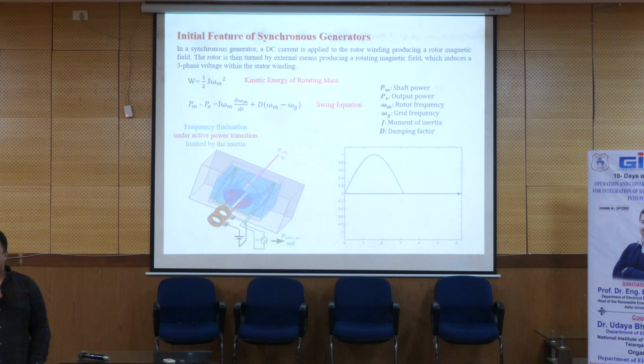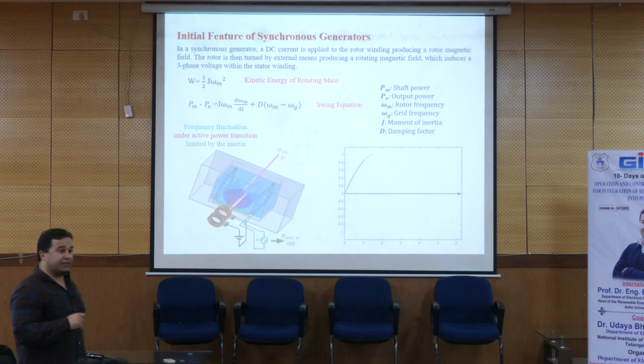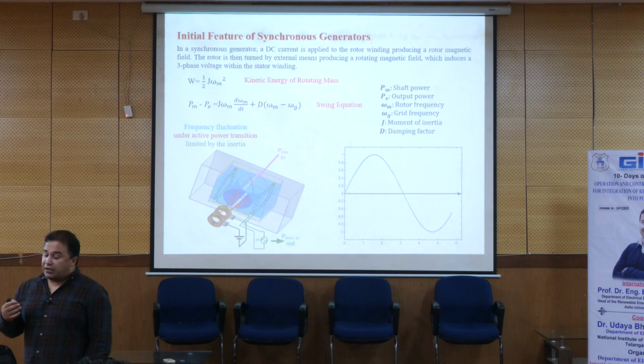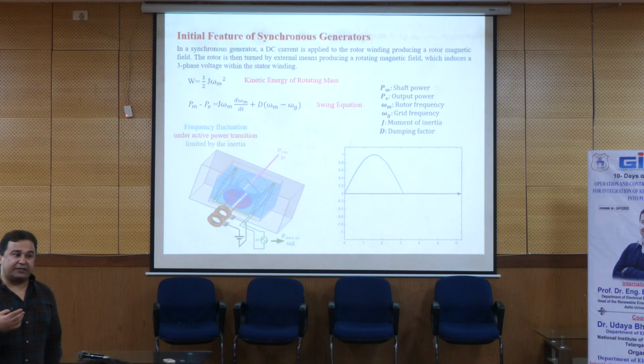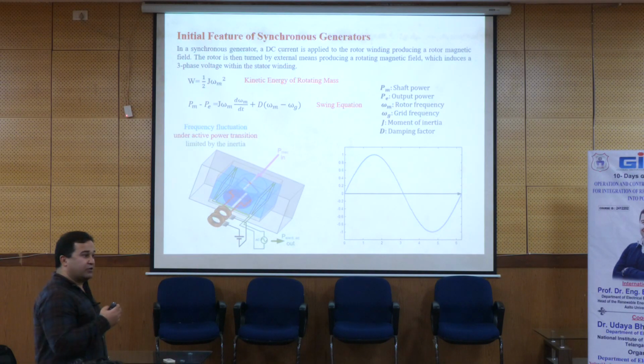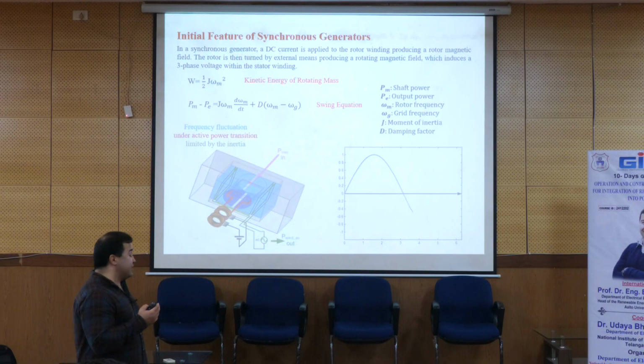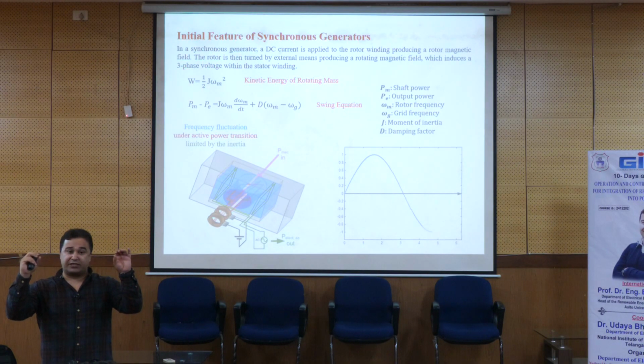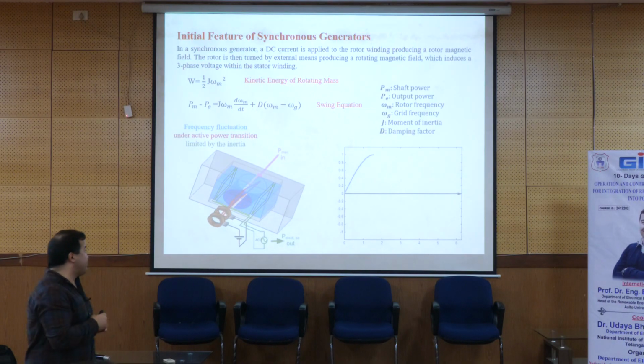Using the conventional synchronous generator is very important because it has a rotating mass that provides kinetic energy, and it is very strong against changes, so it provides a very stable voltage in the power system.